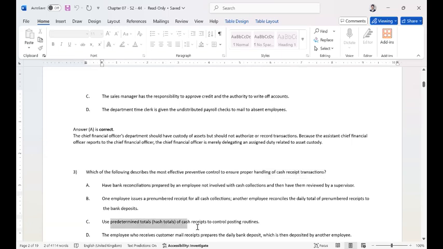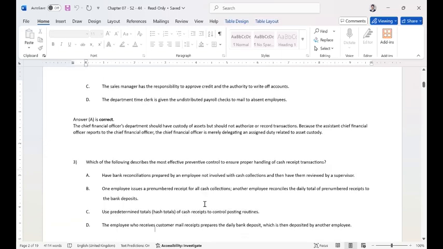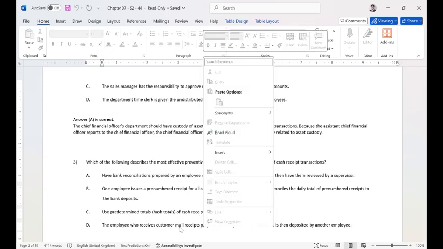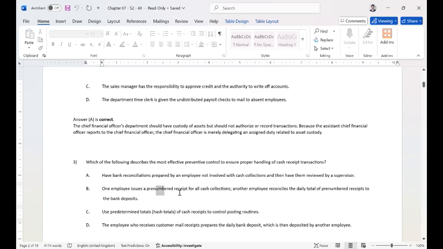No, this is not cash receipt transactions. Maybe B looks good. The employee who receives customer mail receipts prepares the daily bank deposits. Where's the daily bank deposits? So what do you think is the answer there? One employee issues numbers for all cash collection. Another employee reconciles the daily total of bank deposits. Seems okay also. What do you think the answer is?